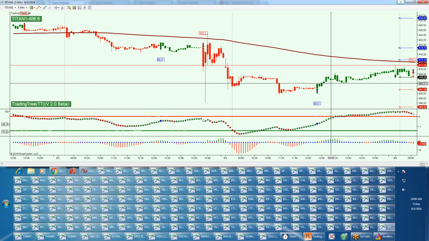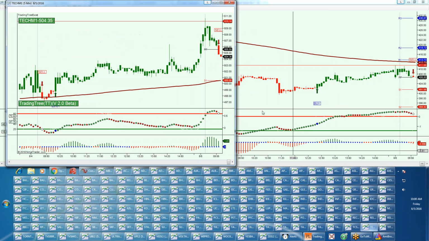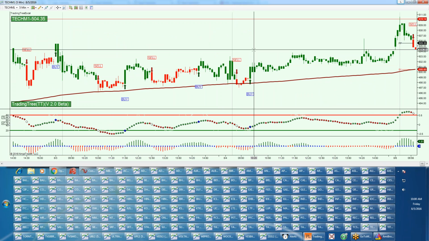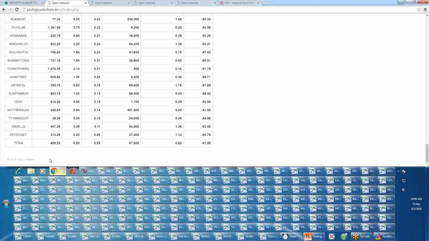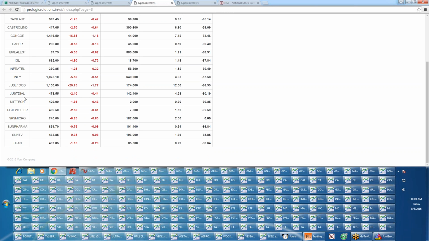You can short it below this level, 404. You can short it at 504. So we have Titan here, bearish.